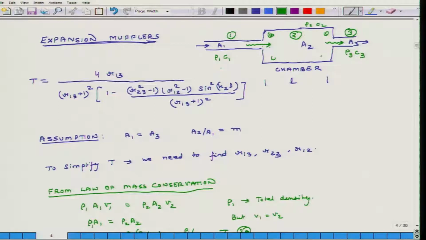Now, as fluid flows through, it goes from section 1 and then it expands into section 2, and then again it gets contracted into section 3. This expansion does not happen rapidly, it happens at a slow pace, and then again it also contracts as it goes into the third section. Okay.